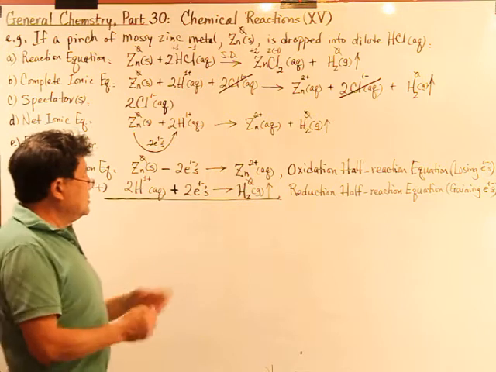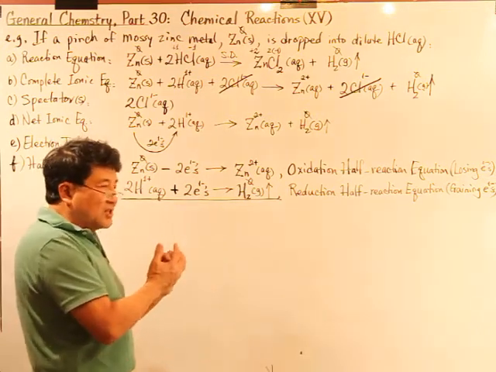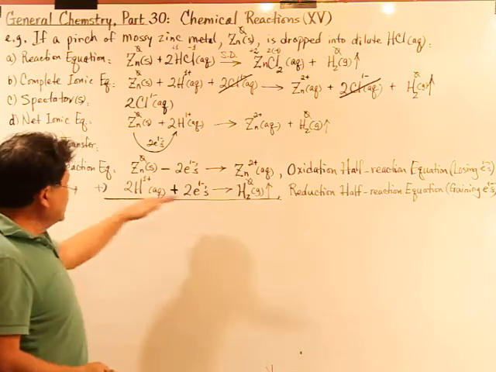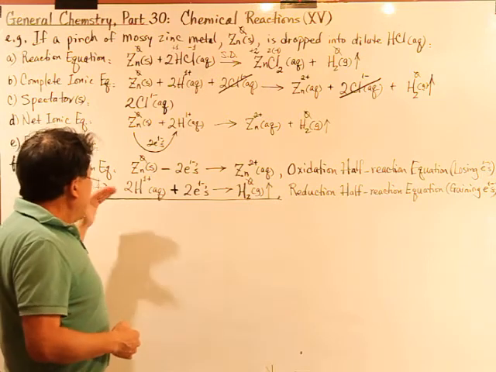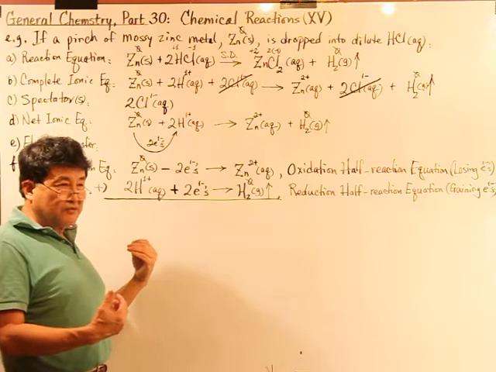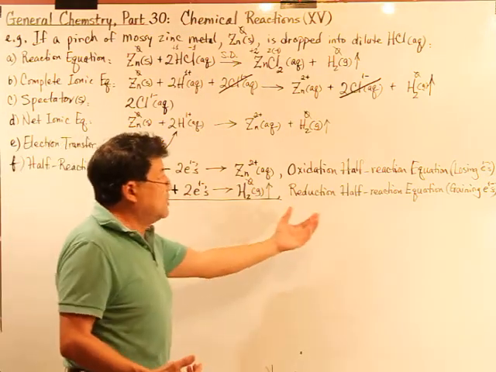So they become a 0 oxidation state as a diatomic molecule, hydrogen gas, and it bubbles out. So that is another half reaction equation. Because the proton is reduced by gaining electrons, by definition, we call it the reduction half reaction equation.